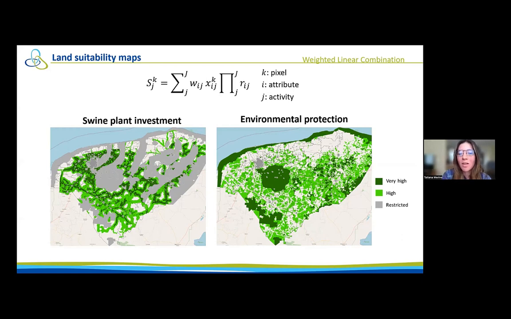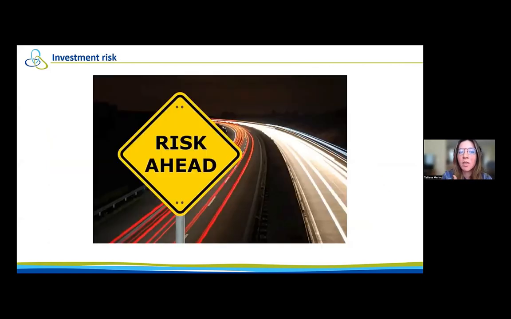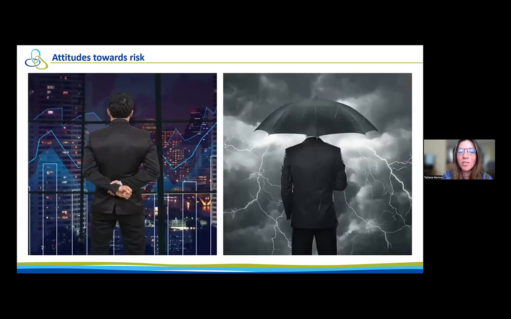So we also took into account the investment risk that has to do with the commission and omission errors inherent to any suitability analysis. As Gregor just presented, we also took the attitudes towards risk: the seeker, the neutral, and the adverse attitudes.